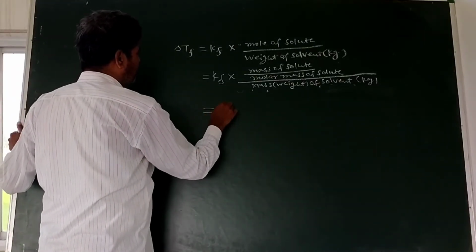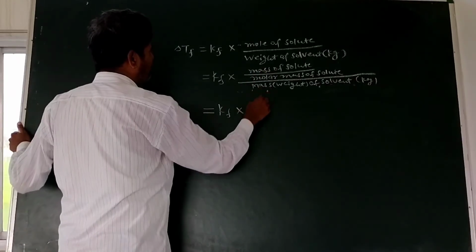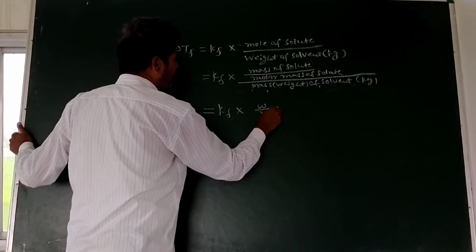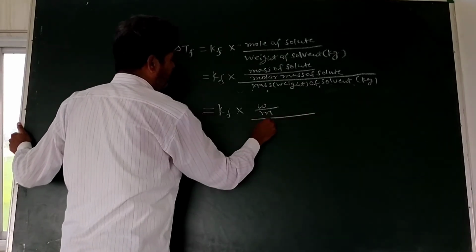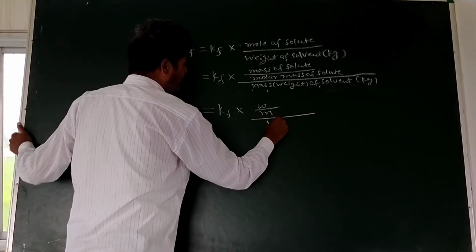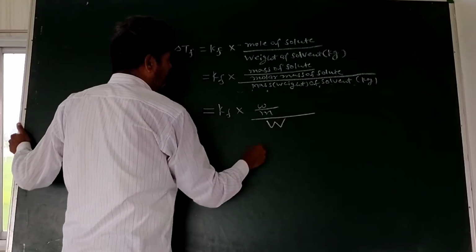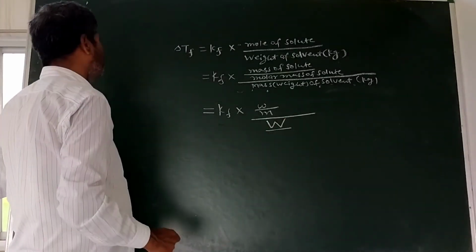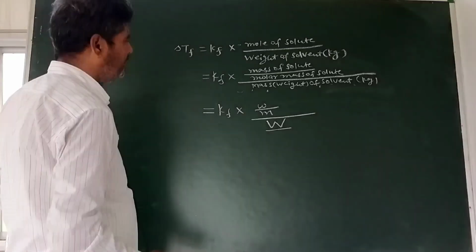Further we will get Kf, mass of solute small w, molar mass of solute small m, whole upon the weight or mass of solvent, which may be taken as capital W. The weight of solvent should be in kg.